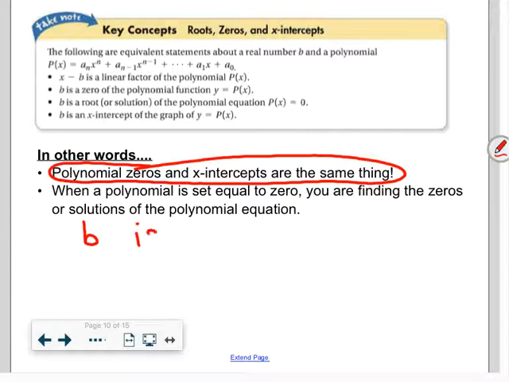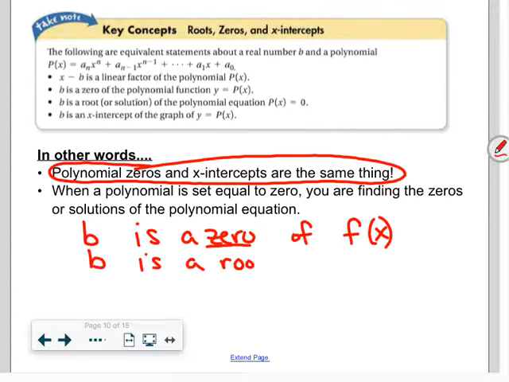b is a 0 of f of x, and f of x is going to be our function. Okay, b, that's going to be like the answer, okay? b is some number. b is a root of an equation, f of x equals 0.